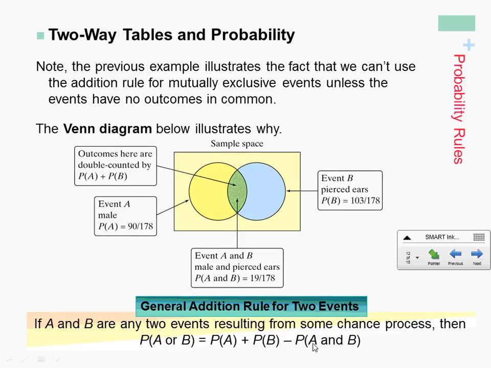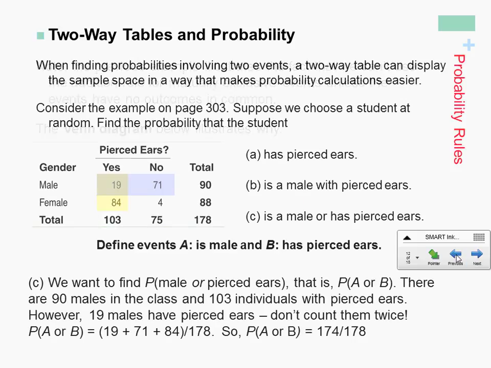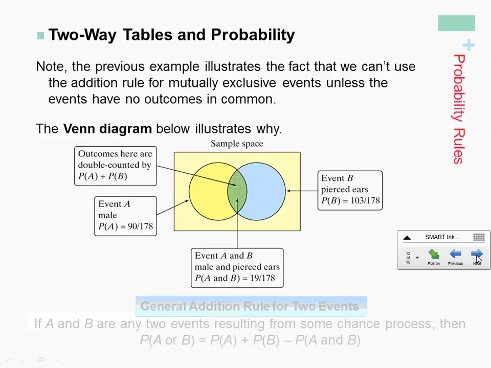I would much rather make a two-way table and add those three numbers together, and boom, I've got it. So all the ones in my males, all the ones in my pierced ears, and I don't have to worry about the overlap here. Anyways, there it is. Can I move on? Good. Next.